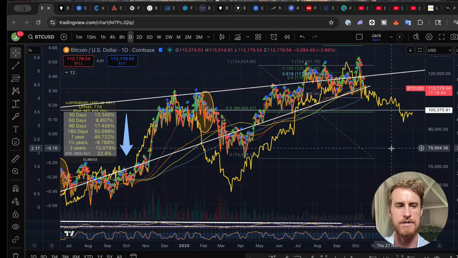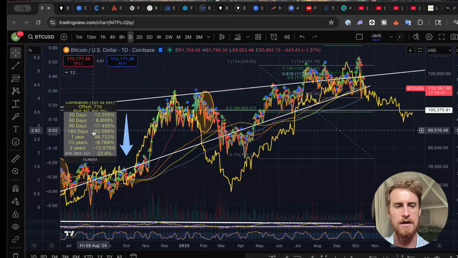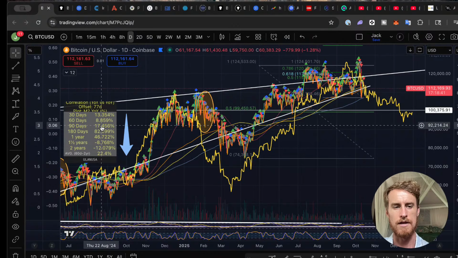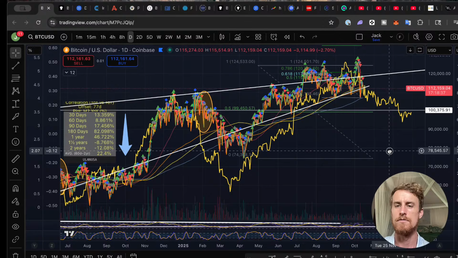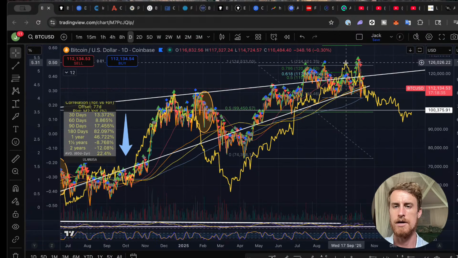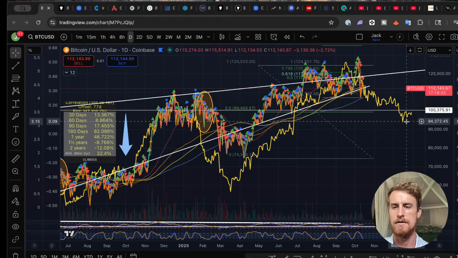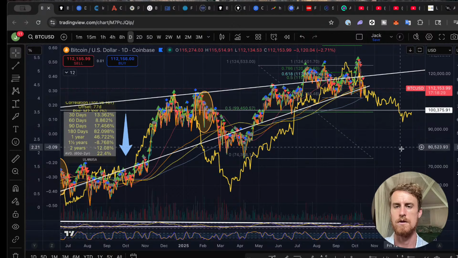I mean, it's not 100% accurate. I think it's 82% correlated over the last 180 days, but over the last 30 days, only 13%. So definitely not 100% correct, but it does show a downtrend until at least December 16th or so.